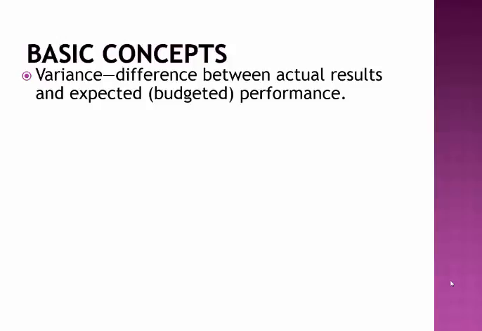And we're going to be comparing those to expected totals. So we're going to be using budgeted or expected figures per our original plan, doing some calculations, and then figuring the difference between the two. What were the actual results and what were the expected or budgeted or planned results? And we're going to calculate those differences and figure out why there were those variances.